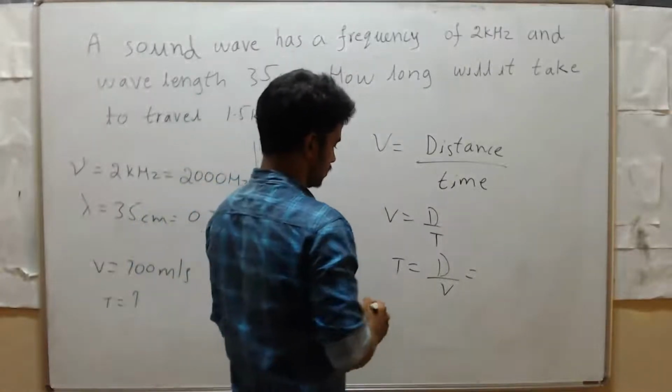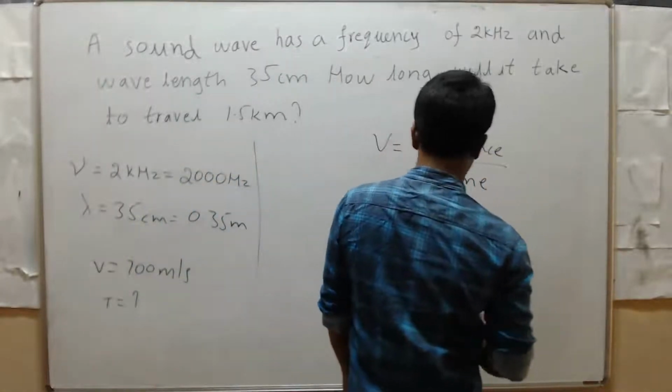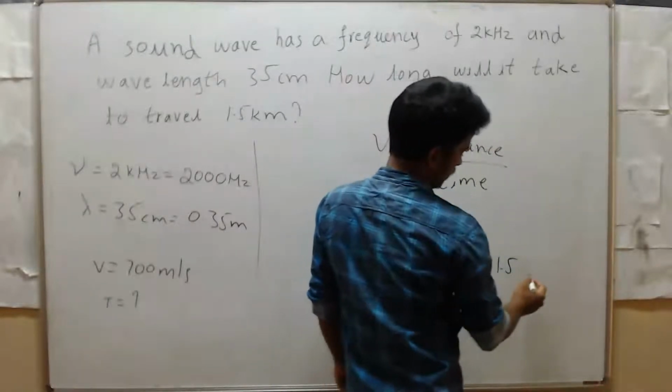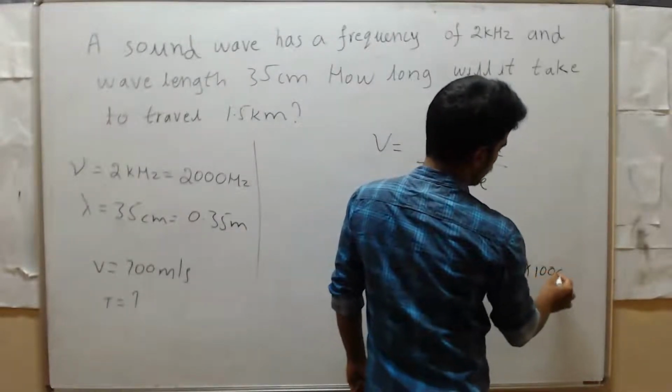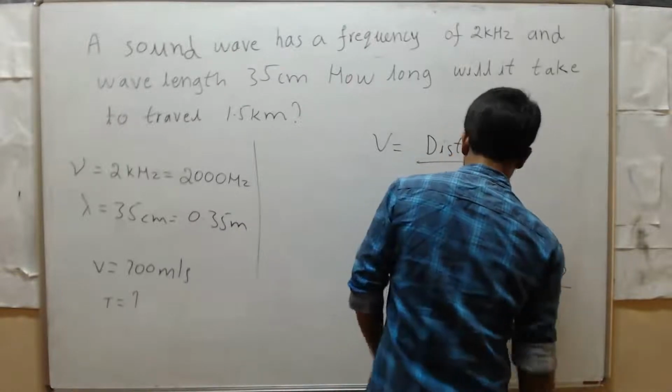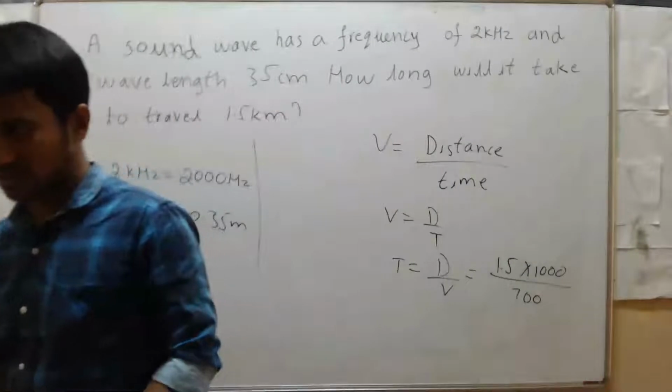Just substitute. The distance is 1.5, converted to meter, that is 1.5 into 1000, divided by the speed 700. Tell me the answer first.